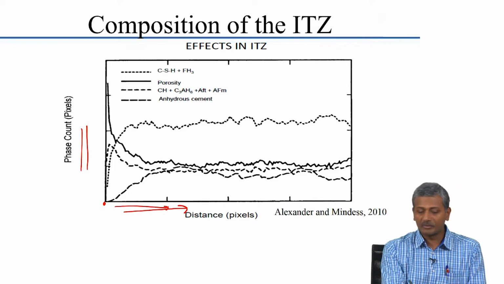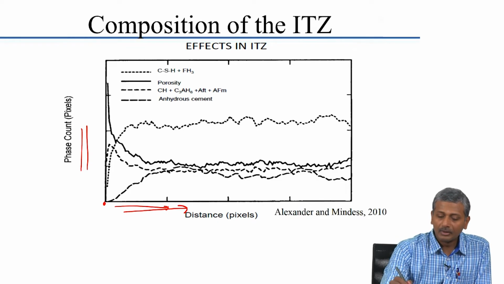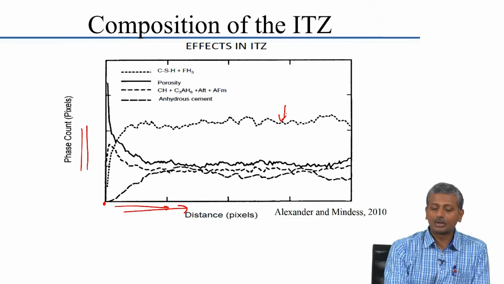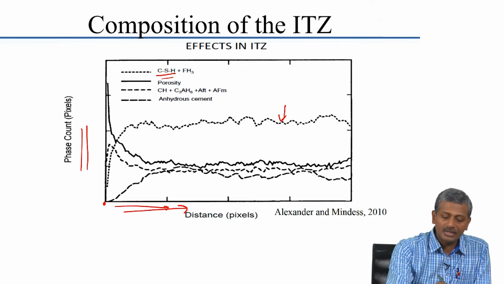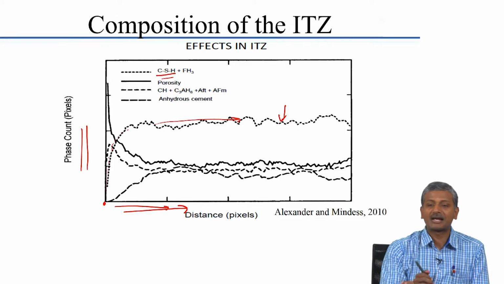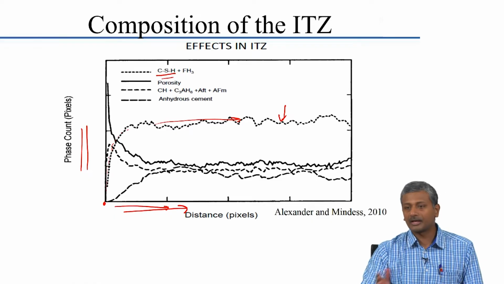Okay, as you are moving away from the aggregate surface, what happens? Look at this dotted line first. This dotted line represents the hydrated phases, the hydrated gel basically. So you see that very close to the aggregate it is almost 0, steadily rises, and then it assumes almost a standard constant value away from the aggregate.